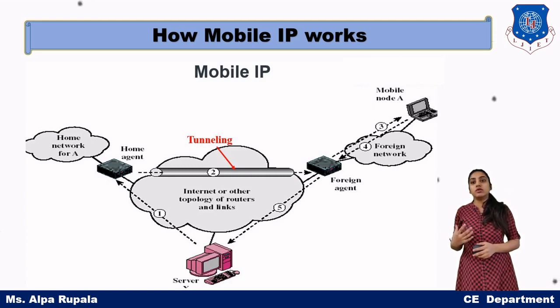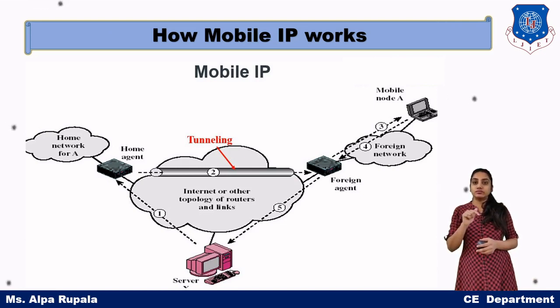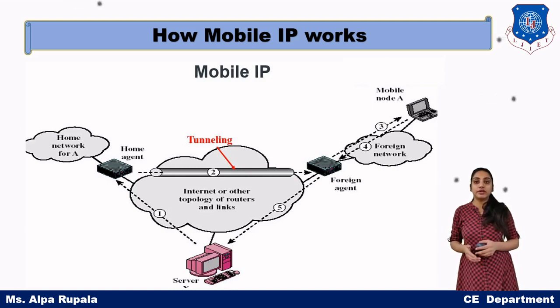The data which server X wants to send to mobile node A will be directly transferred to the home agent. The home agent will check in the routing table whether our mobile node is in the home network or in a foreign network.